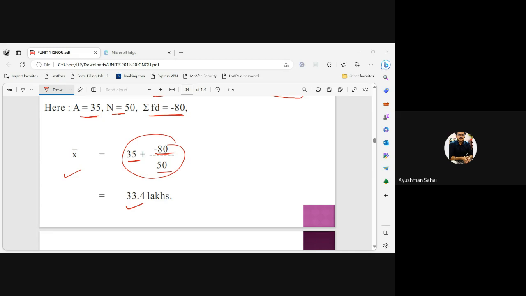We took 35 as A. Just in case the data is in even numbers, can we add the two mid values, 35 and the very next to it, and divide by the total number of data to get that assumed mean? Is this the correct method?